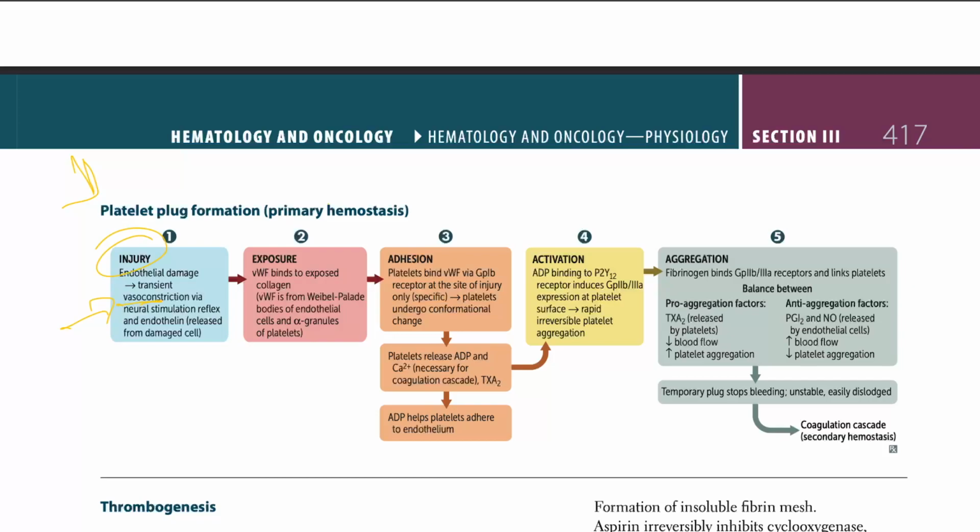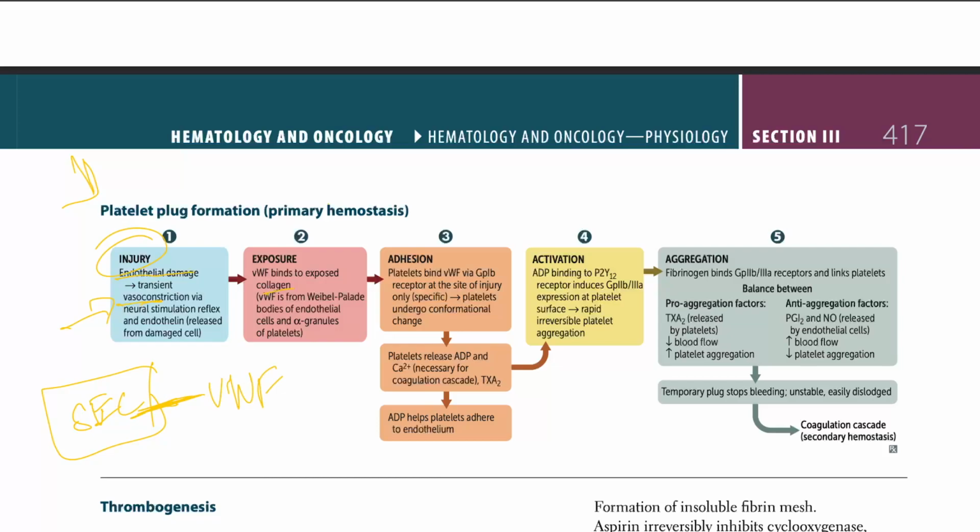Endothelial damage occurred. Second thing is that now, because you have the injury to the endothelium, the subendothelial collagen is going to become exposed. Now this is exposed, von Willebrand factor would bind to it.